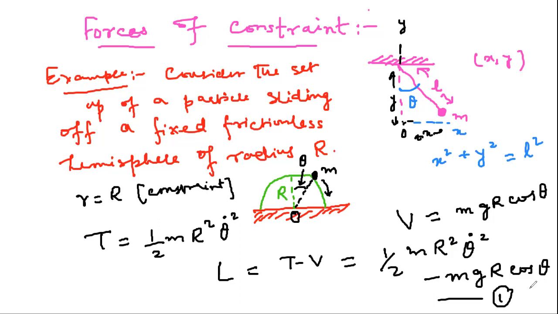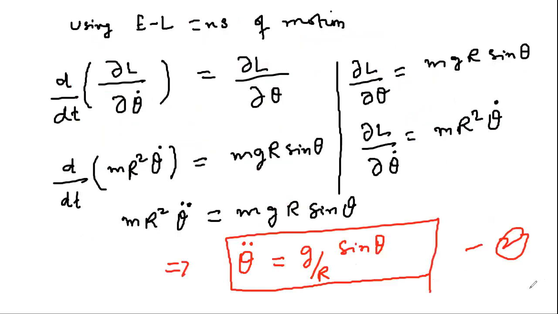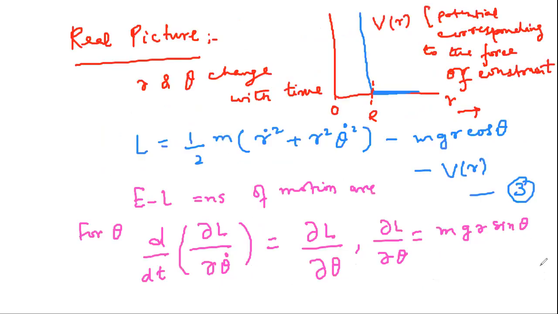But if we are interested in finding the force of constraint, then we don't apply the constraint at the start. We take the potential corresponding to the force of constraint into consideration, and we take all the variables which might change with time into consideration. So we have more equations.